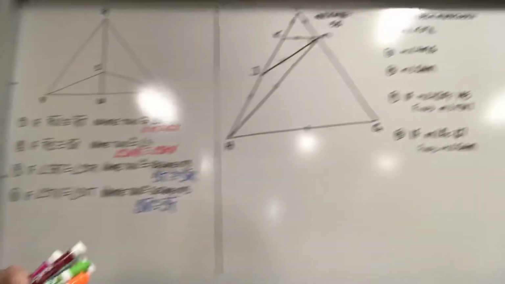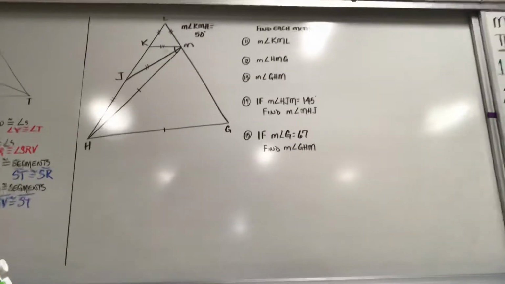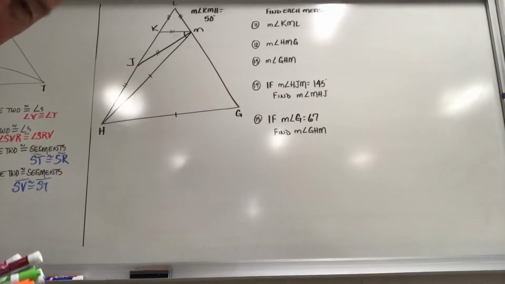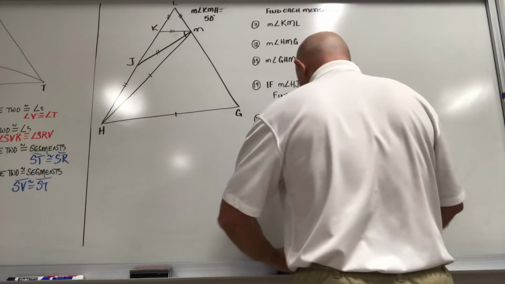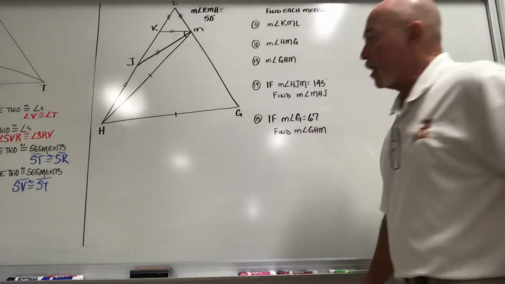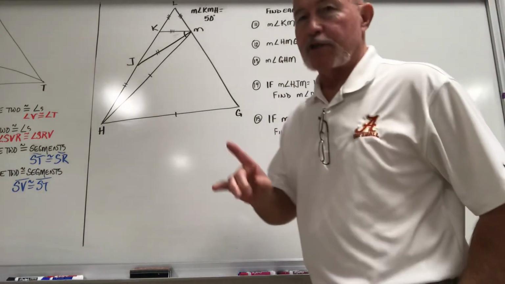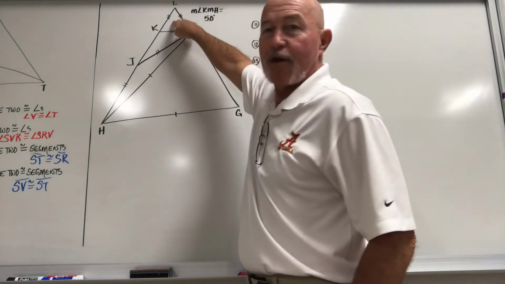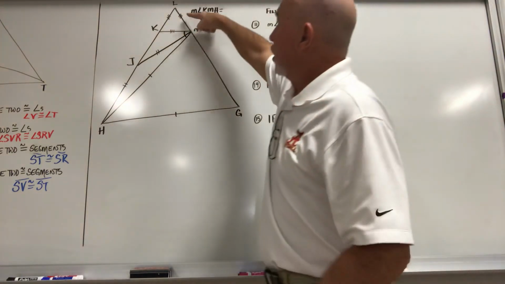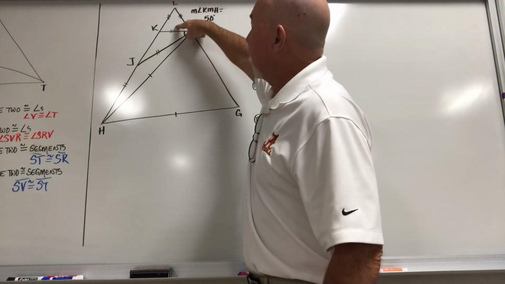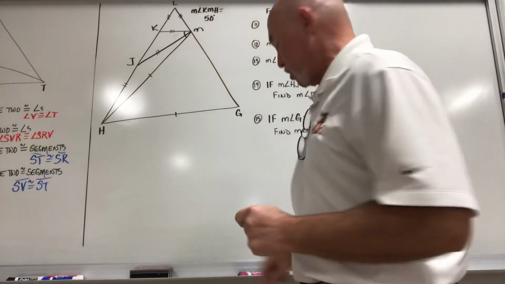Okay, now we're back to numbers. But we've got to look at a couple things before we get started. First things first. Look at what is given to you before we even start. LM, KM, KL are equal sides.